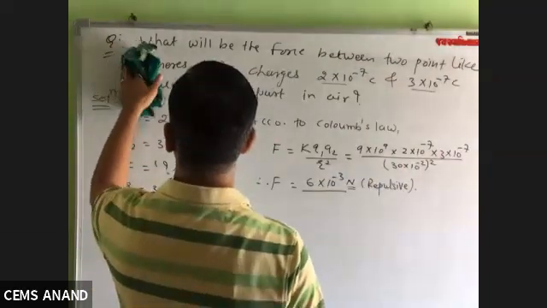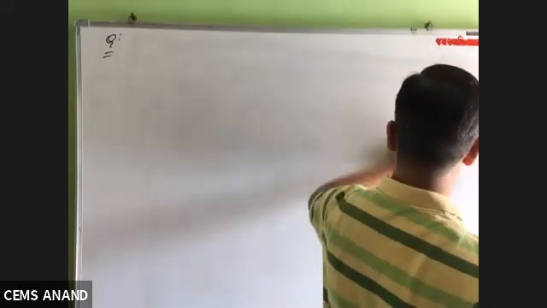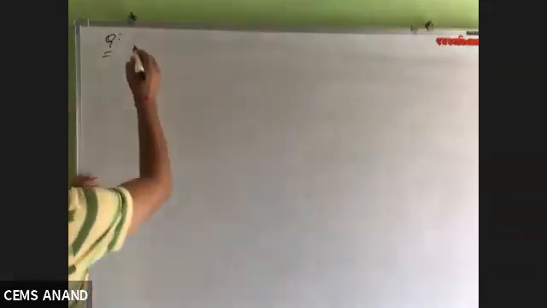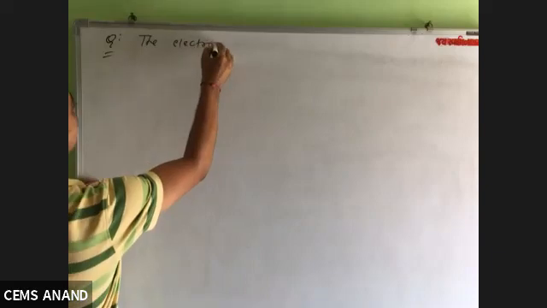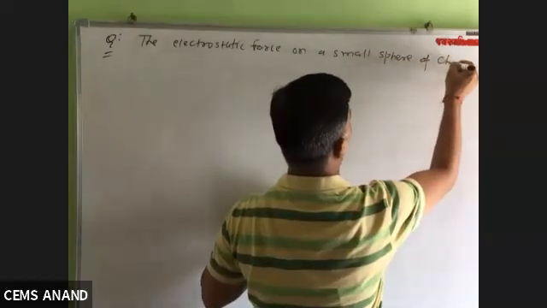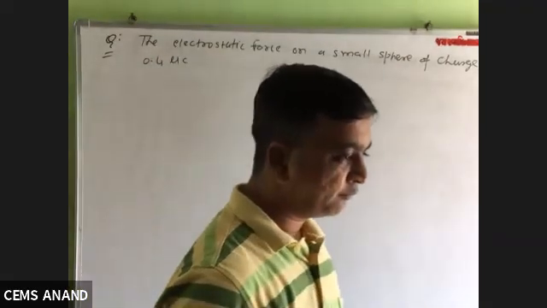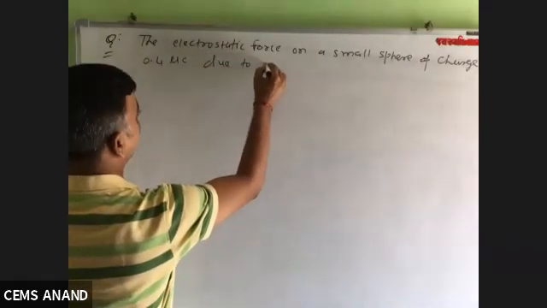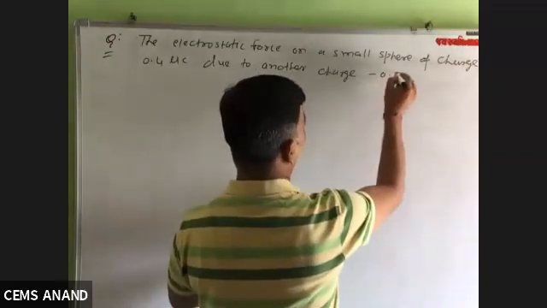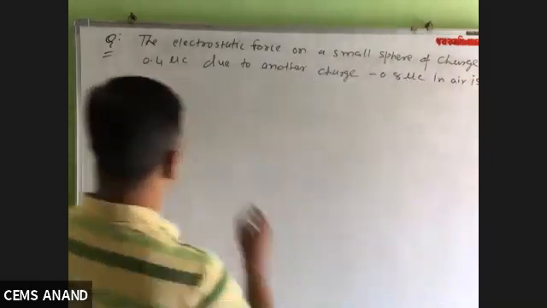The electrostatic force on a small sphere of charge 0.4 microcoulomb due to another charge minus 0.8 microcoulomb in air is 0.2 Newton.